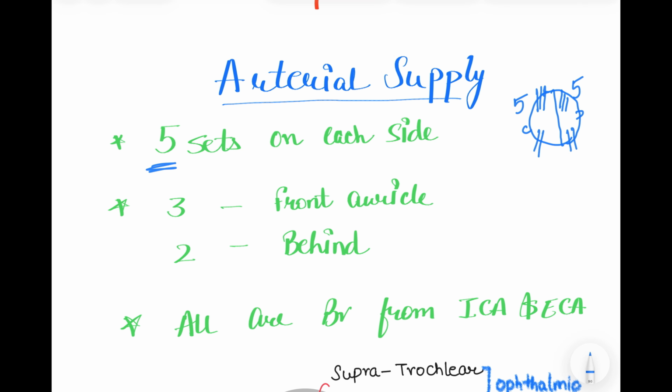And all the arteries which are going to supply the scalp are taking origin from internal carotid or from the external carotid. So you will see a beautiful combination or anastomosis between the external carotid and internal carotid artery.